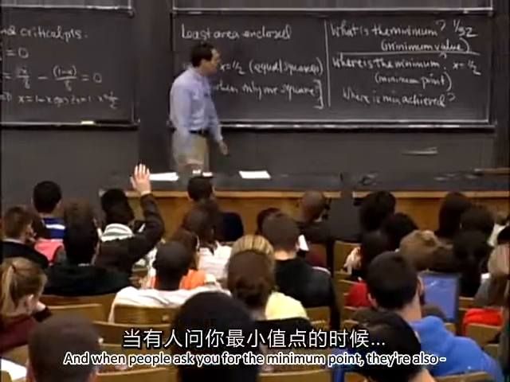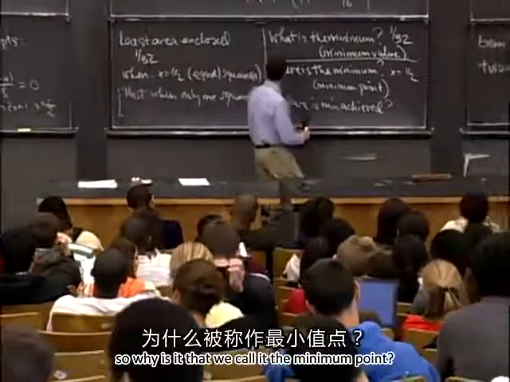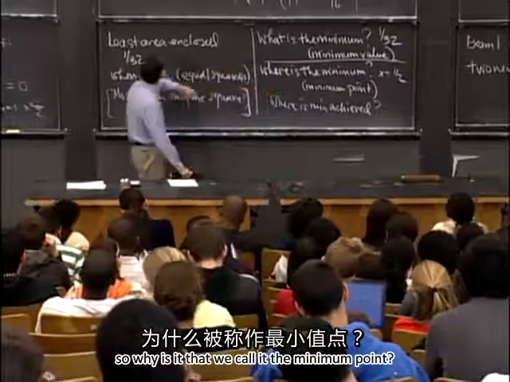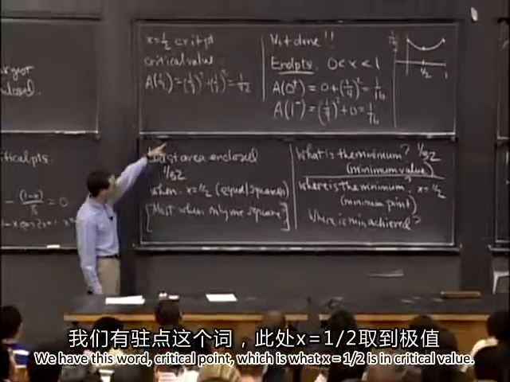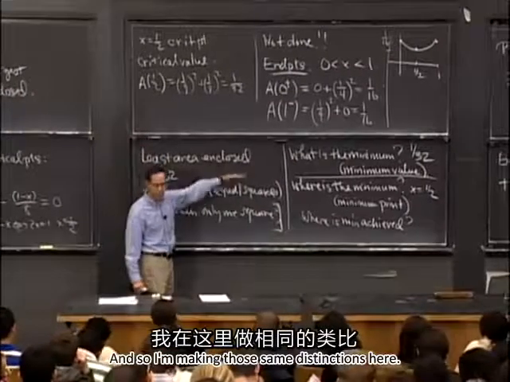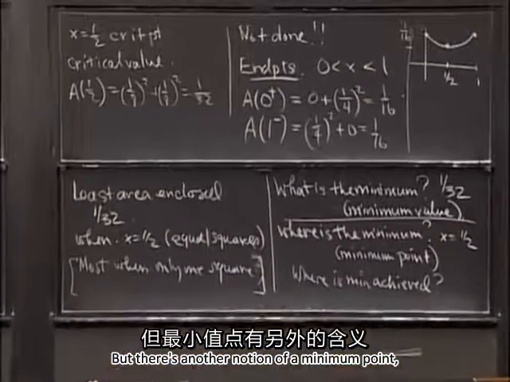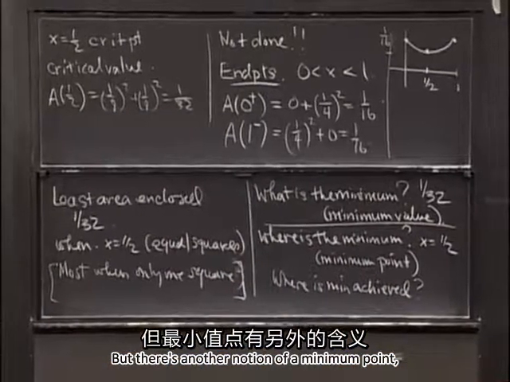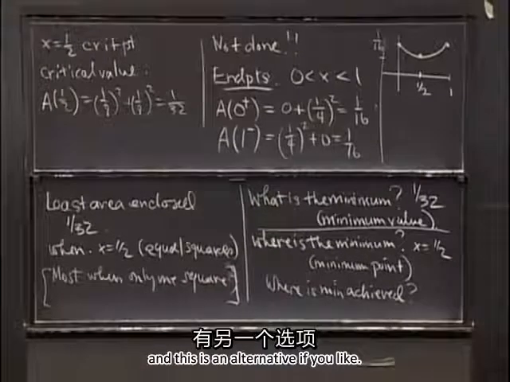And when people ask you for the minimum point, they're also, well, so why is it that we call it the minimum point? We have this word critical point, which is what x equals a half is, and critical value. And so I'm making those same distinctions here. But there's another notion of a minimum point. And this is an alternative, if you like.